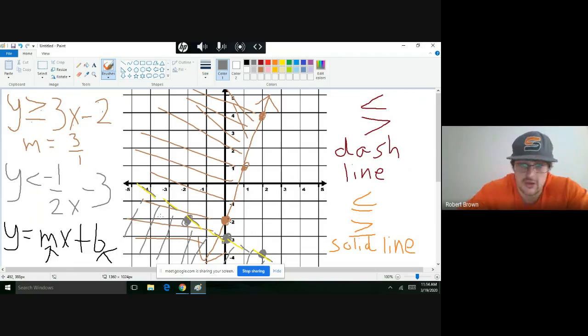So the double shaded region, I'll show you, it's going to be in pink, right in here. This is the double shaded region that I'm filling in, all in there.